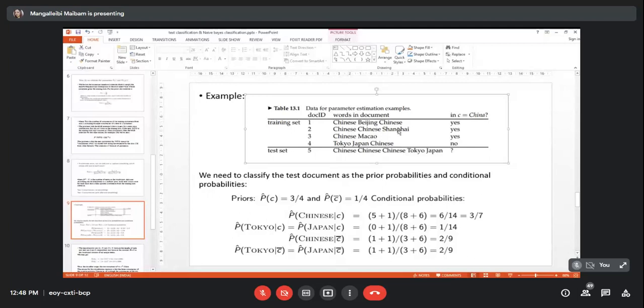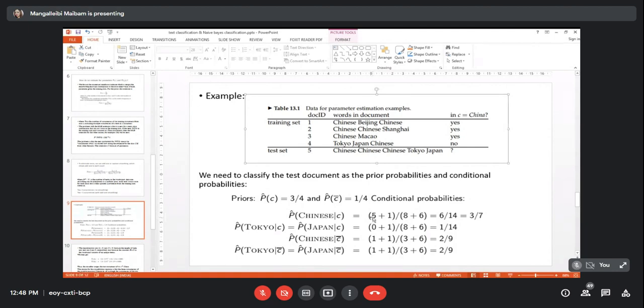So 6 unique terms, which are not repeated, are there in the collection, in the vocabulary. So this is 6. 8 plus 6.